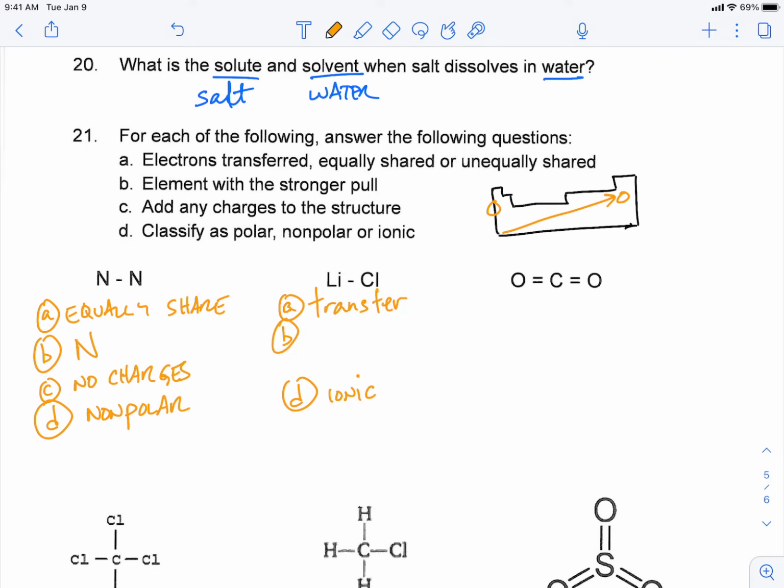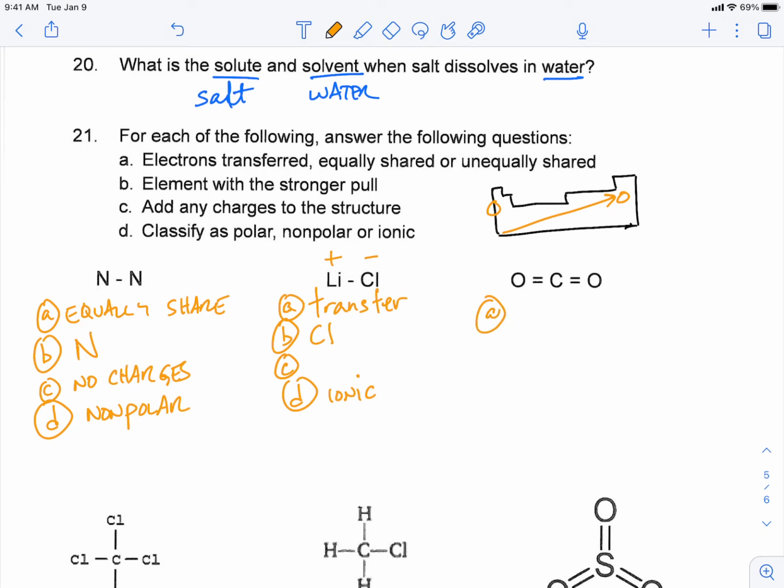Okay. Which element has a stronger pull? It's always going to be the non-metal, which is chlorine. Adding charges here, I would have a full positive charge on the lithium. It loses an electron permanently, and chlorine gains it permanently. So it has it all the time. All right.